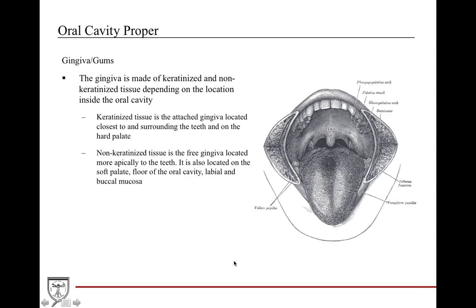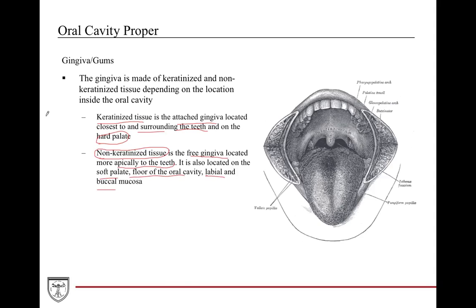So now we'll talk about the gingiva, or the gums. The gingiva is made up of keratinized and non-keratinized tissue, and it depends on the location inside the oral cavity. The keratinized tissue is attached to the gingiva, located closest to and surrounding the teeth, and it's on the hard palate. The non-keratinized tissue is in the free gingiva located more apical to the teeth. It is located on the soft palate, the floor of the oral cavity, and the labial and buccal mucosa.